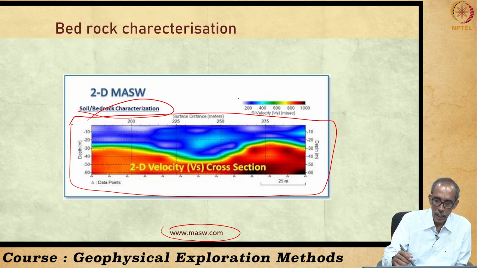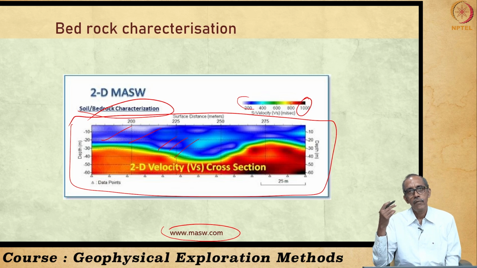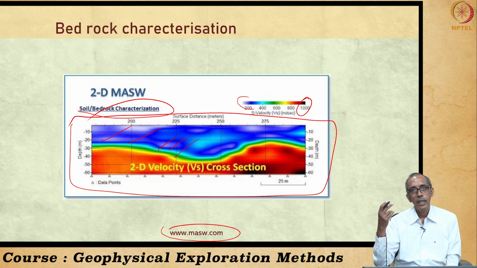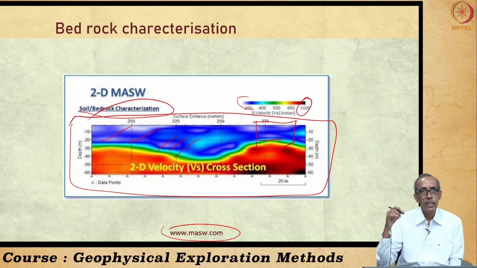So, from the scale, all the blues are low velocity, very low velocity. All the reds are solid rocks. Velocity is already almost 1000 meters per second. So, this is how we are able to characterize the subsurface. At this place we can say only up to about 20 meters we have weak soil.